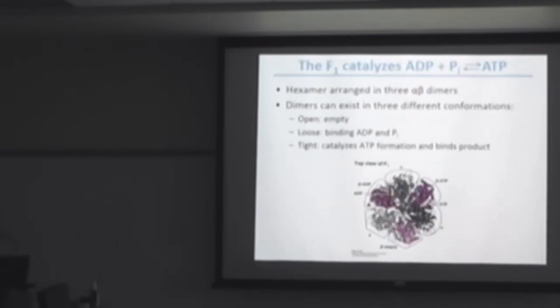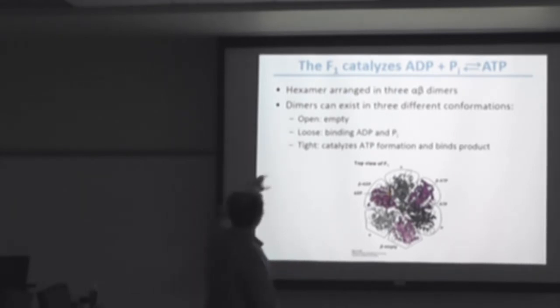And the F1, which catalyzes ADP plus phosphate to ATP, is a hexamer arranged in 3 alpha-beta dimers. Dimers can exist in 3 different conformations. So you want to know these 3 conformations and the order in which they change. So you have an open conformation which doesn't bind anything. It has a low affinity for ATP and a low affinity for ADP and phosphate.